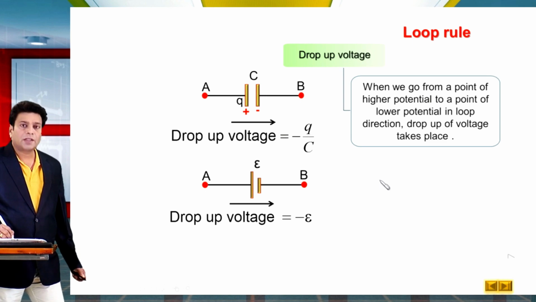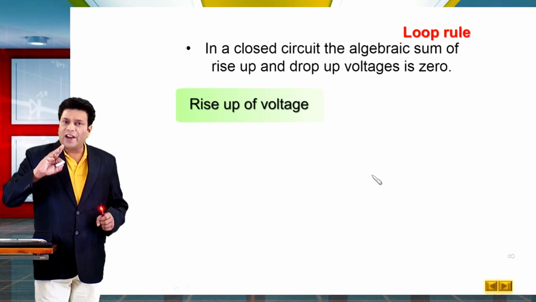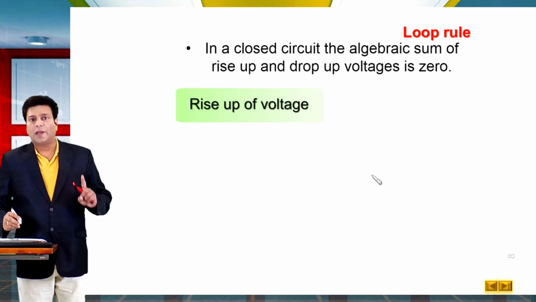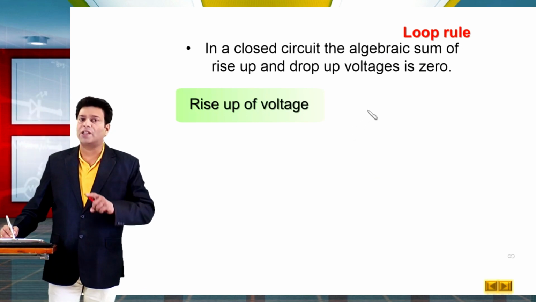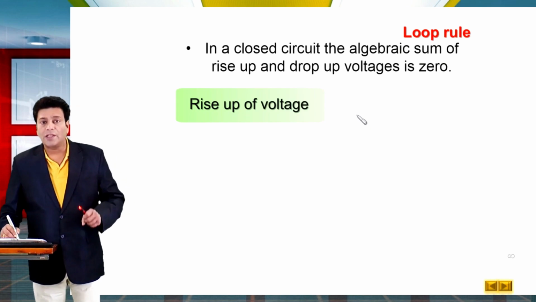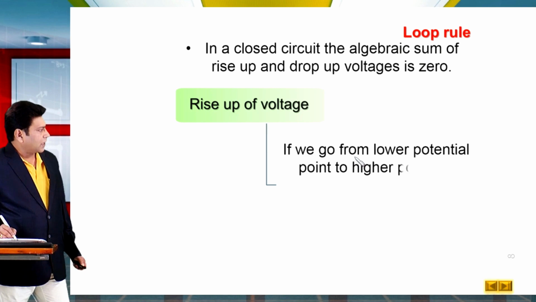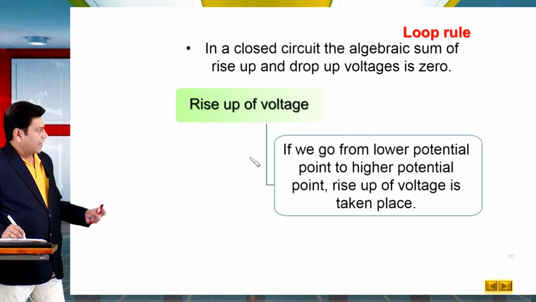Now let us discuss rise of voltage. We can define rise of voltage in the same manner as we discussed for the drop of voltage. If we go from a lower potential point to a higher potential point, a rise of voltage takes place. Let us make the practical situation for this point also, and in this case we need not discuss in detail.